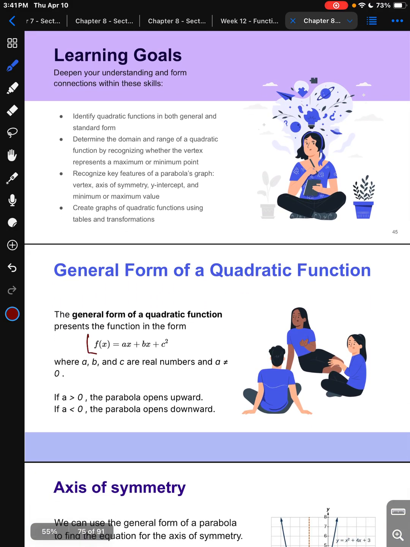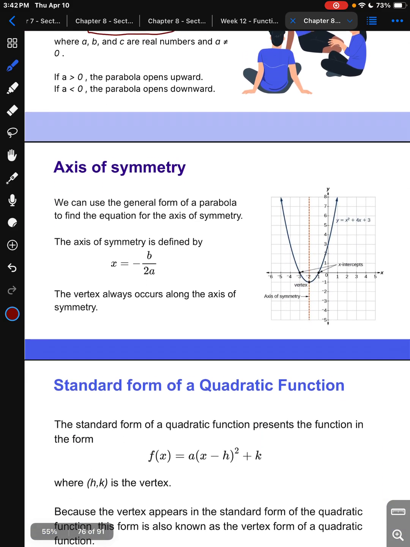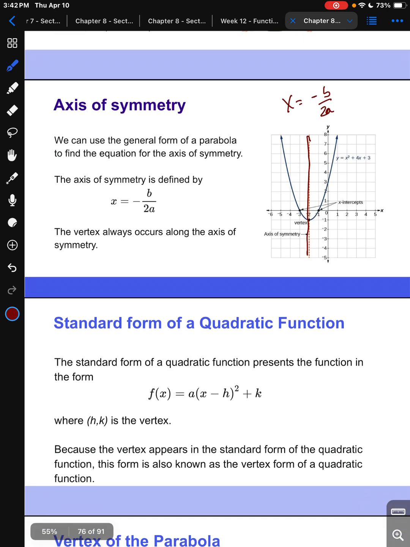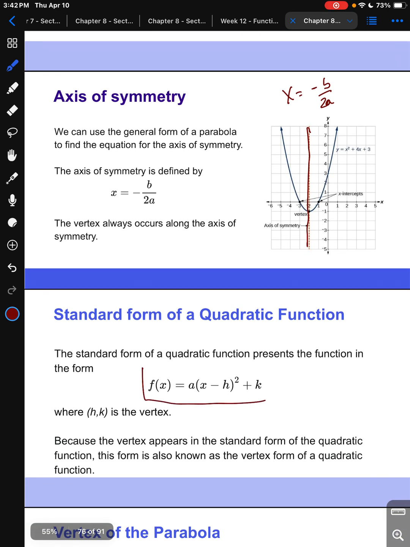Quadratic formula looks like this. Quadratic functions like that. Notice how they're degree 2. That acts as a symmetry. And that axis of symmetry is found by solving x equals negative b over 2a. This is the standard form of a quadratic function.